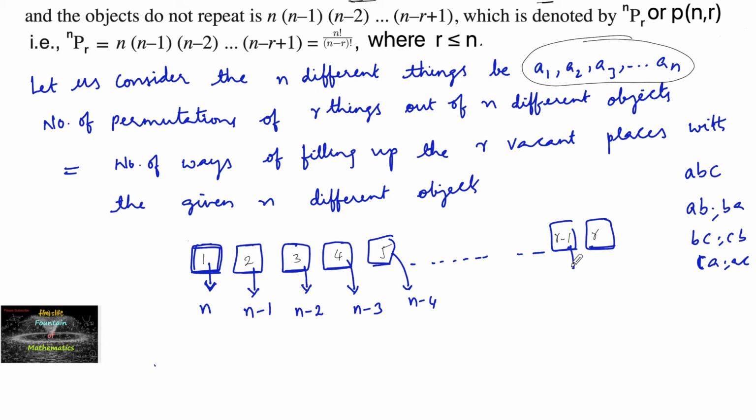Here for the second box we had n minus 1, for the third we are getting n minus 2, means 1 is less; for the fourth 3, for the fifth 4.